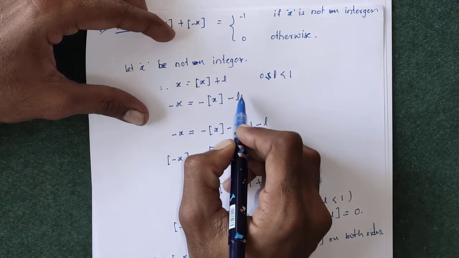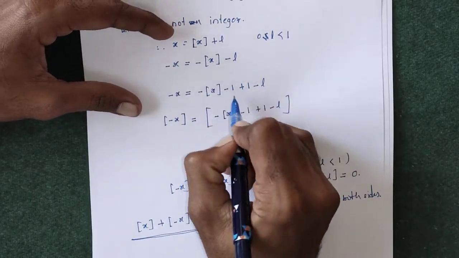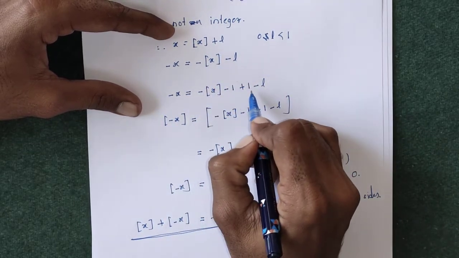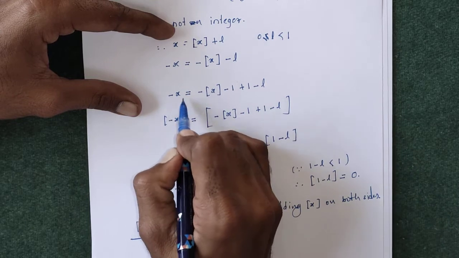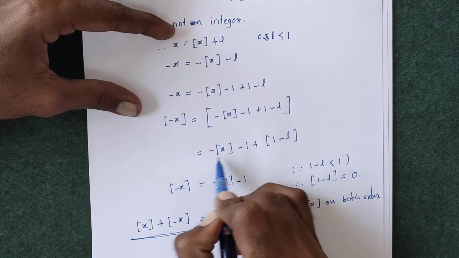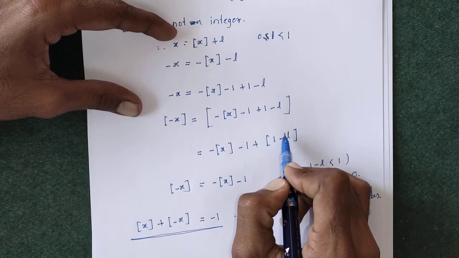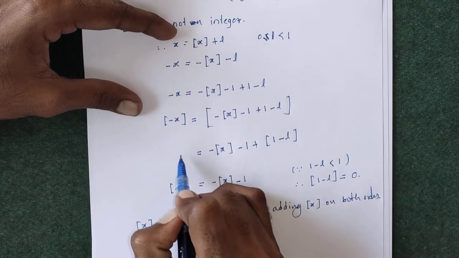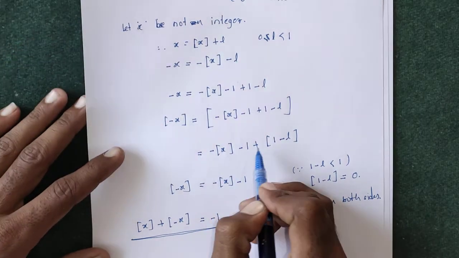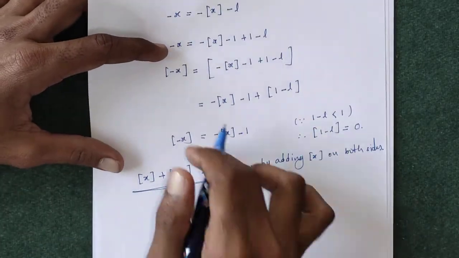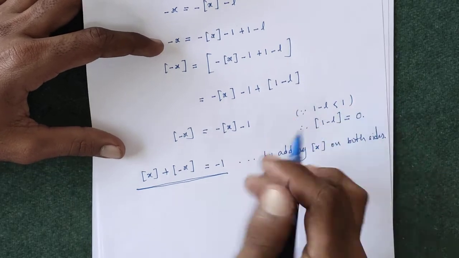Multiplying by minus on both sides, adding and subtracting 1, and taking the integral part of minus x, we get this. And now here 1 minus L is less than 1, so their integral part is 0. So we get integral part of minus x is equal to minus of integral part of x minus 1, and adding integral part of x on both sides, we will get our final result.